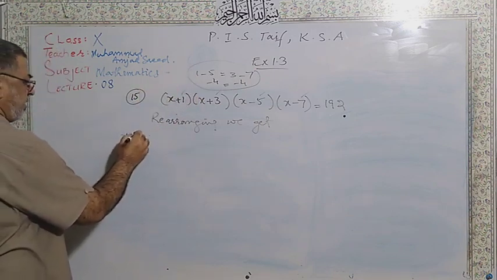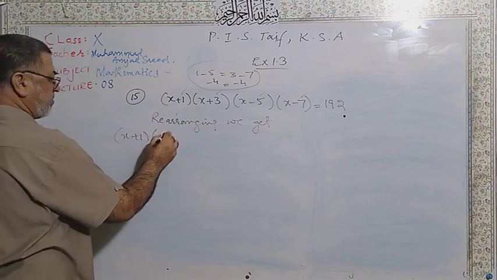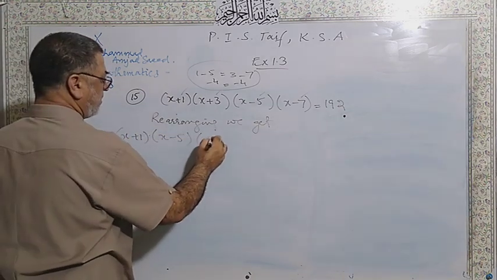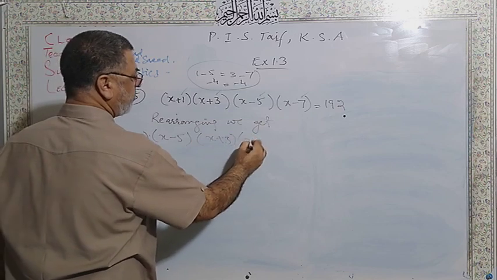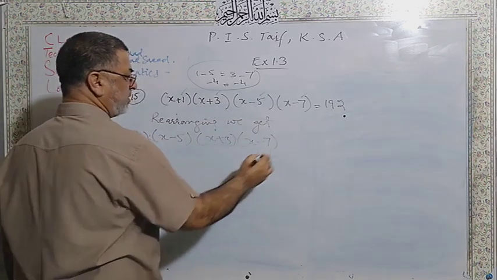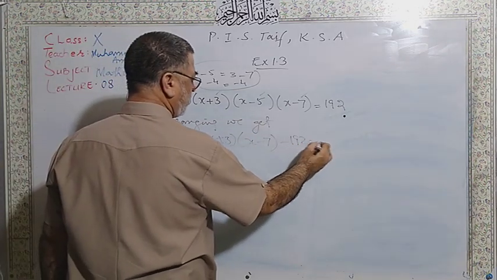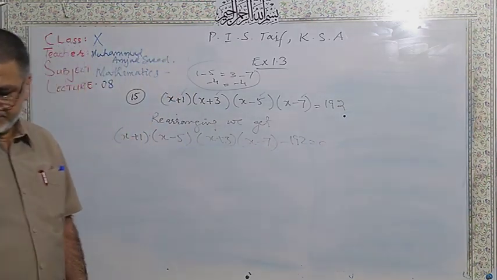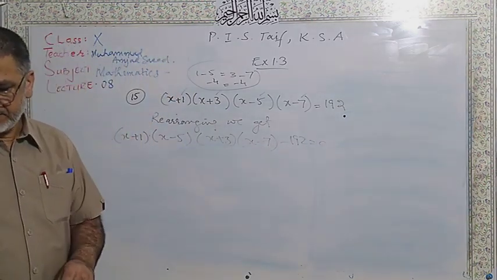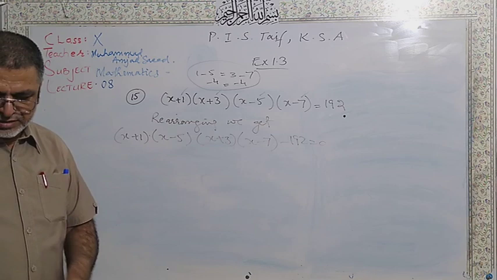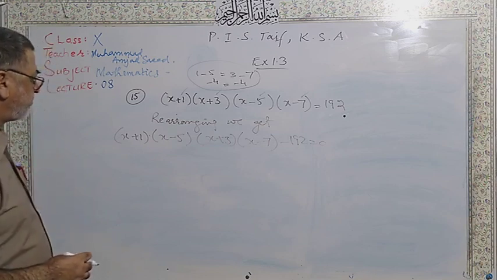Here is (x plus 1)(x minus 5), (x plus 3)(x minus 7), minus 192 is equal to 0.